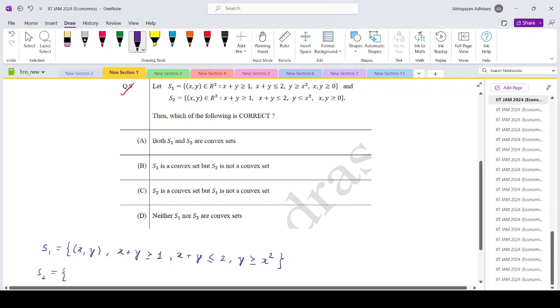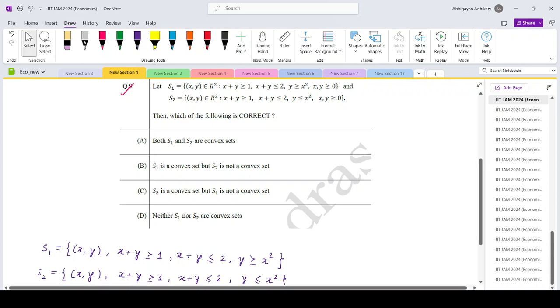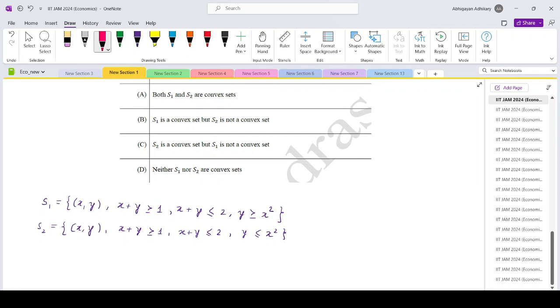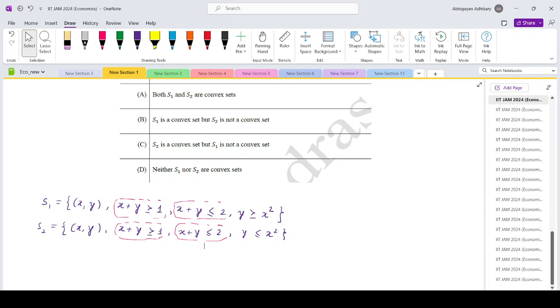And S2 is the set of all (x, y) such that x plus y is greater than or equal to 1, x plus y is less than or equal to 2, and y is less than or equal to x square. If you look at the two sets, you will see that the first two constraints are exactly the same, right? So if we can draw a graph to visualize this better.